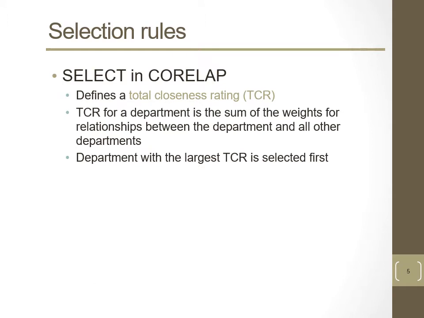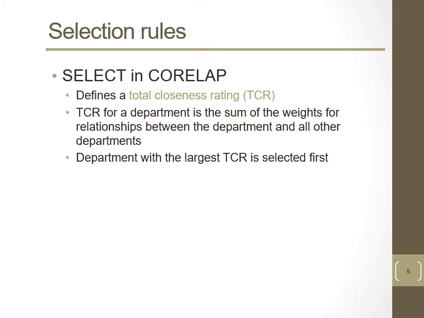CORELAP is another construction algorithm, and the selection procedure in CORELAP is different than ALDEP. In CORELAP, it defines a total closeness rating, shortly TCR. So what is this TCR? It is the sum of the weights for the relationship between the department and all other departments.